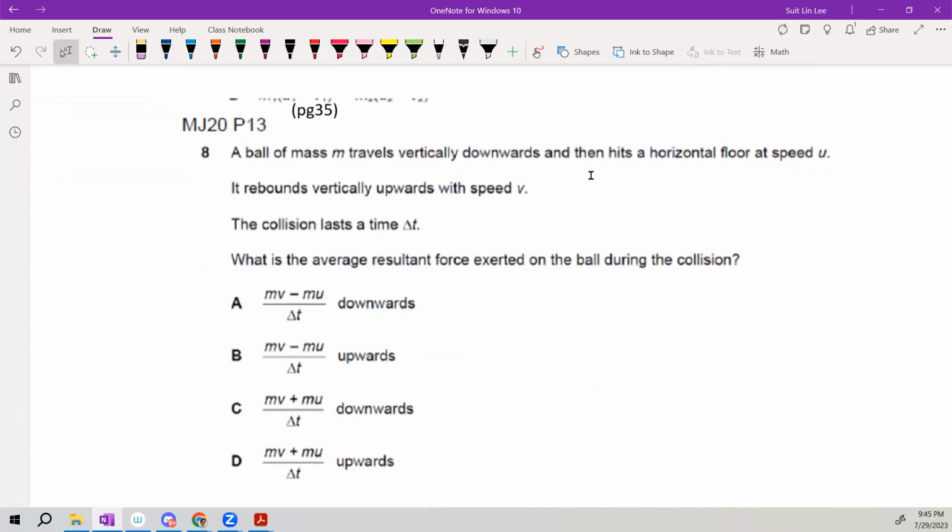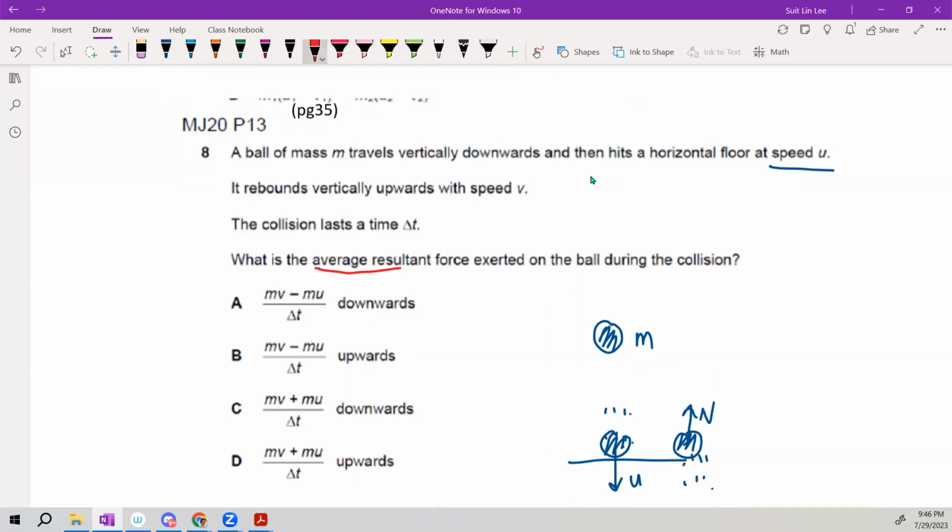Okay, so for this one, it says that you have a ball of mass M. It's a statement question, an equation question. Traveling vertically downwards, it's going to hit the horizontal floor at a speed u. So this is u traveling downwards. It rebounds vertically upwards. Imagine this is the same line, but I draw on the side so I can see. It rebounds with a velocity v.